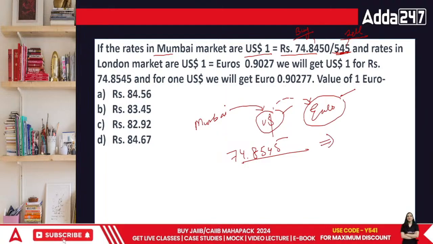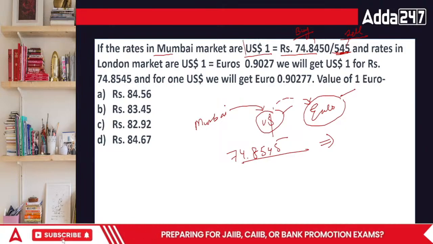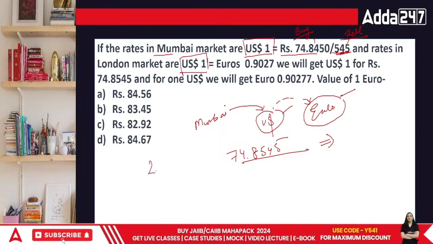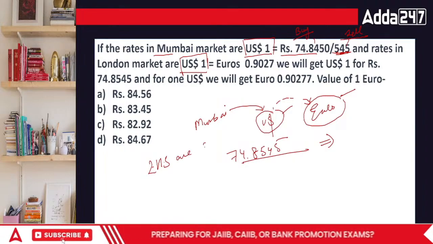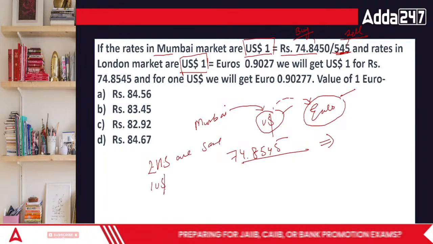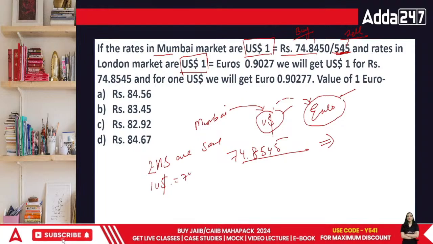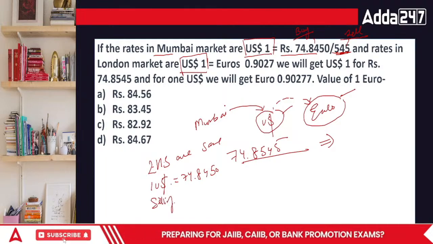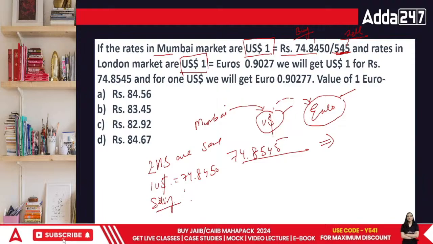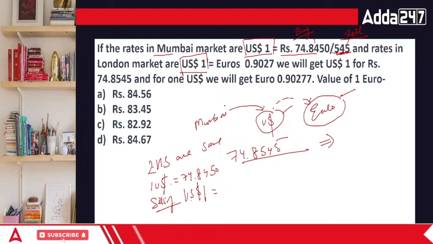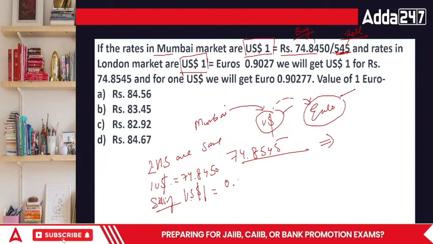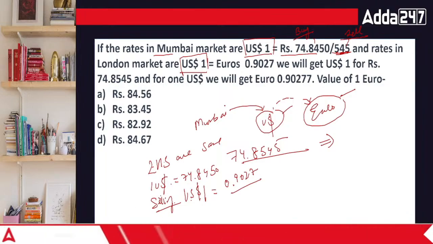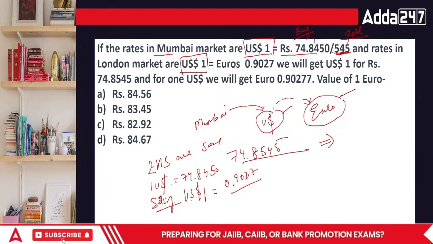If this is what you're going to do, then these two, always remember everyone, when your LHS are the same, in the first case it is 1 US dollar is equal to 74.8450, and the selling was done in terms of US dollars 1, and we have got it for 0.9027 dollars.